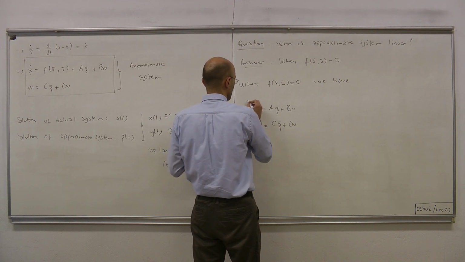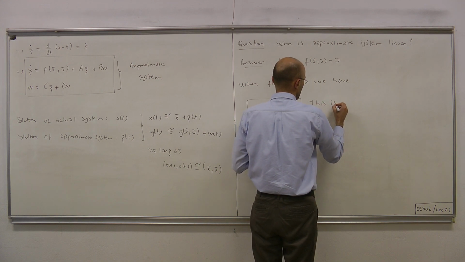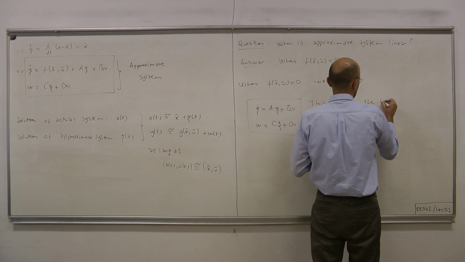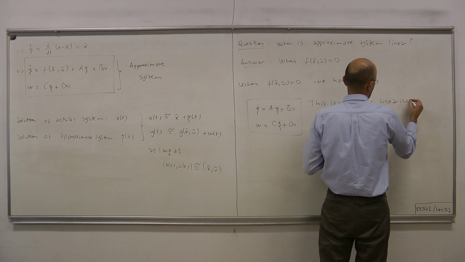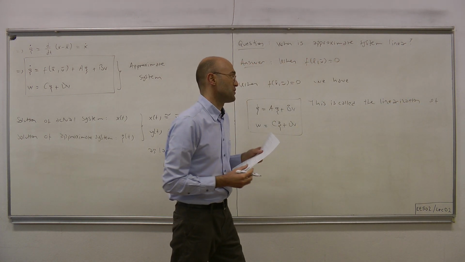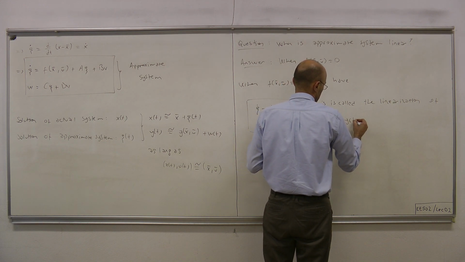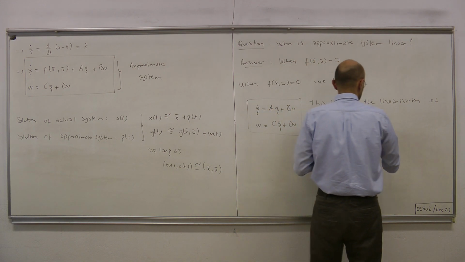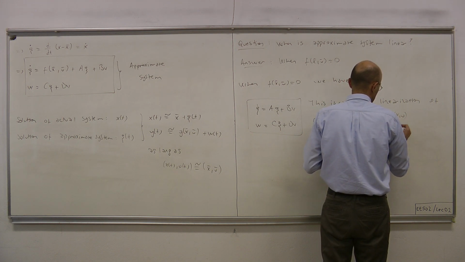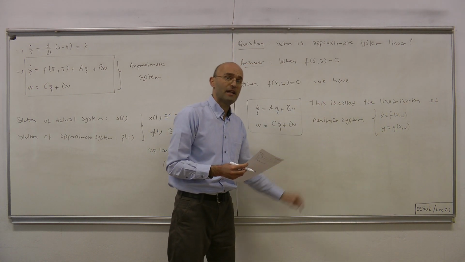Okay. This is called the linearization of the nonlinear system x dot equals f of x, u, y equals g of x, u. The statement is not over, and the last part is very important.